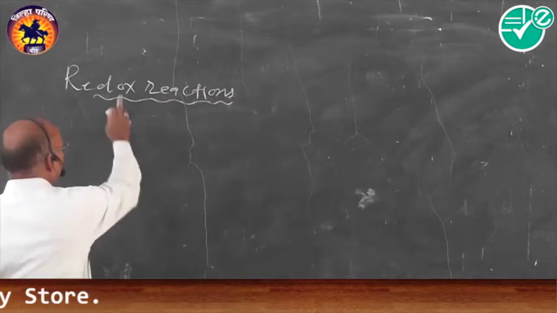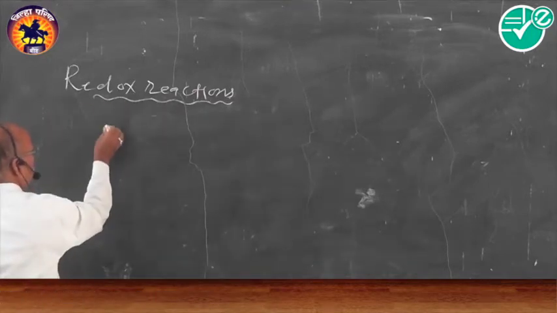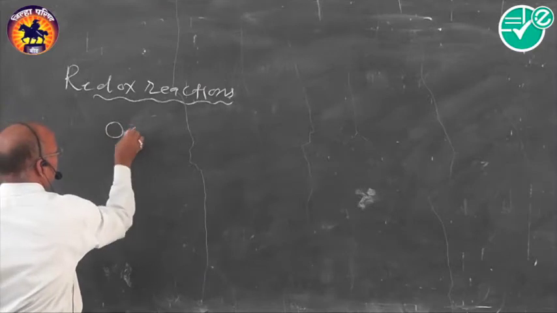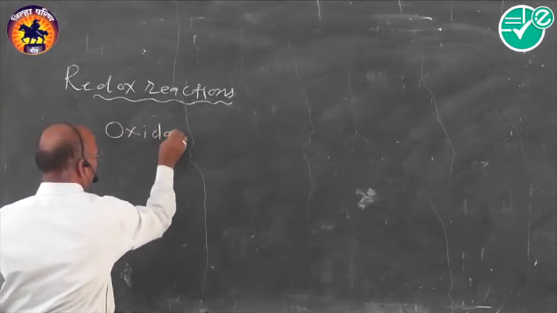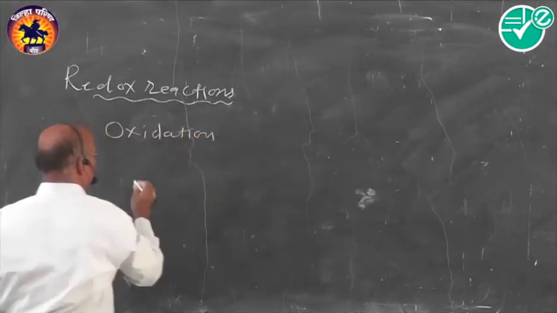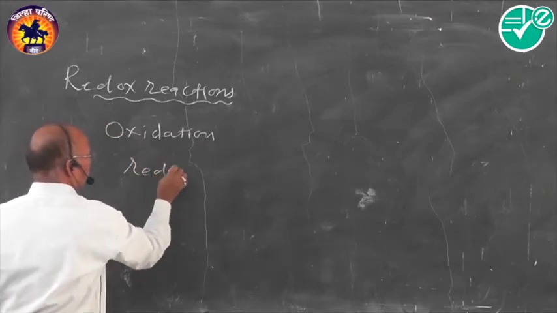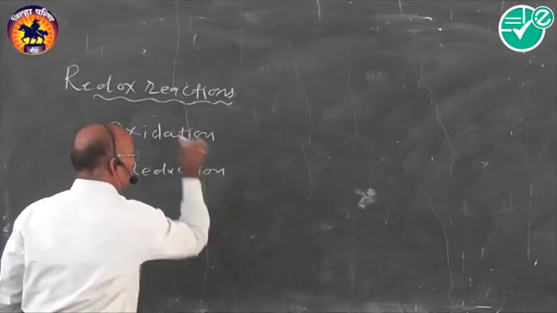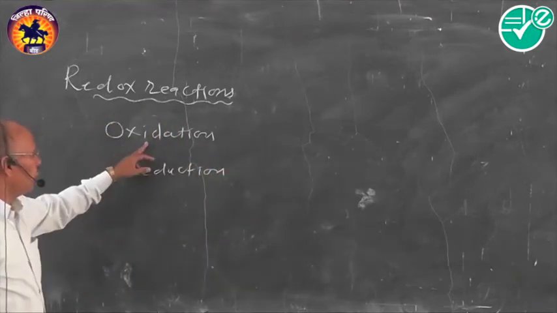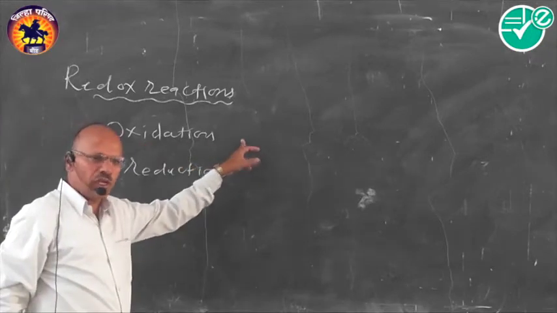The term comes from two words. At first, oxidation; second, reduction. Oxidation means loss of electrons.